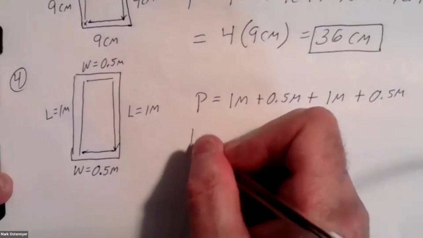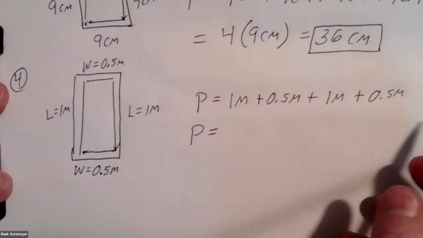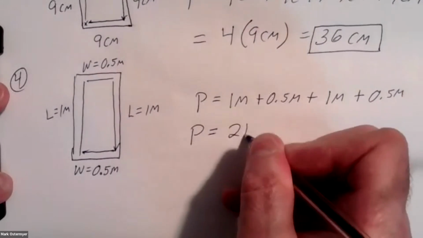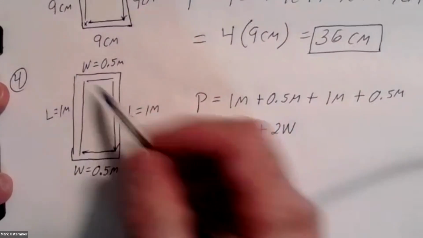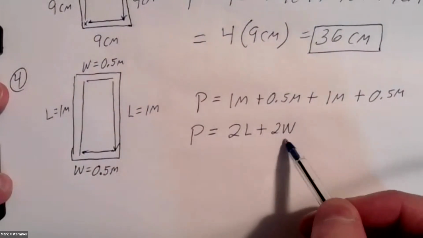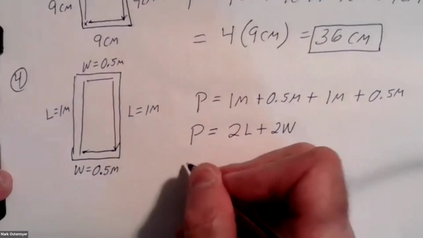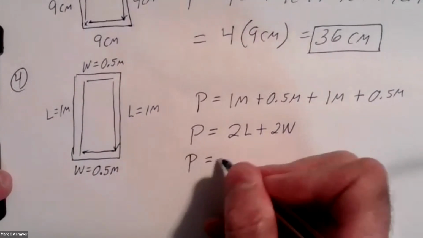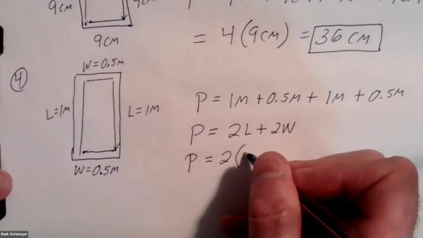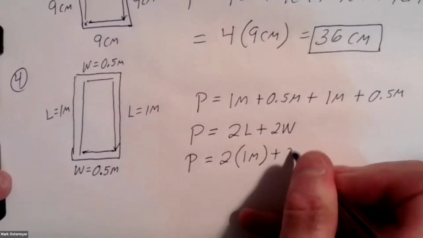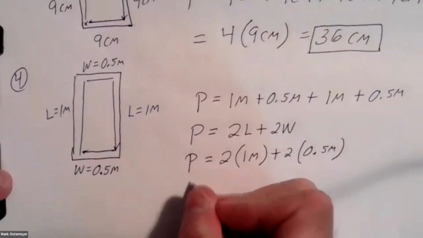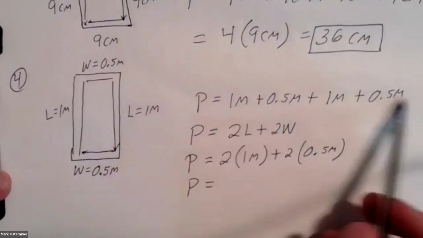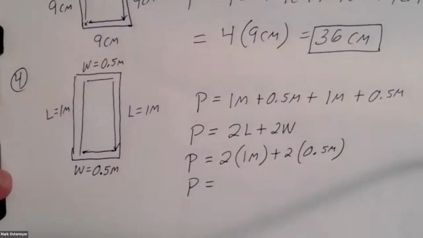Now an easier way to compute this is to use the formula 2 times the length plus 2 times the width. Since you're adding 2 lengths together and 2 widths together, this is a more compact way of computing the perimeter of a rectangle. So the perimeter of this rectangle is going to be 2 times the length, which is 1 meter, plus 2 times the width, which is 0.5 meters. Or if you just want to add all these together, that would still work also.